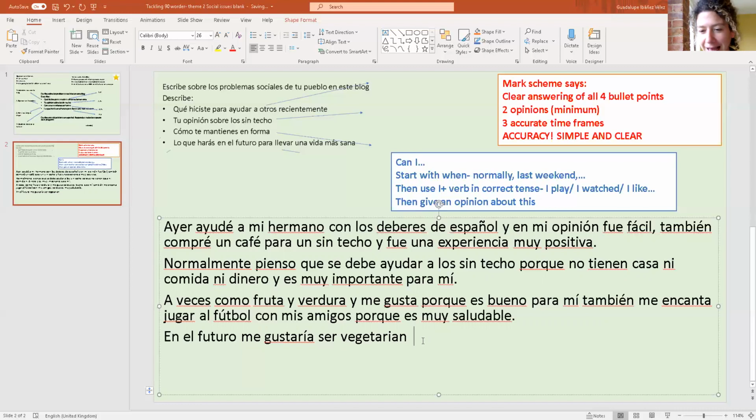And I'm going to voy a practicar more sports, más deportes. I'm going to try the O now. Voy a practicar más deportes. So en el futuro me gustaría ser vegetariano y voy a practicar más deportes.